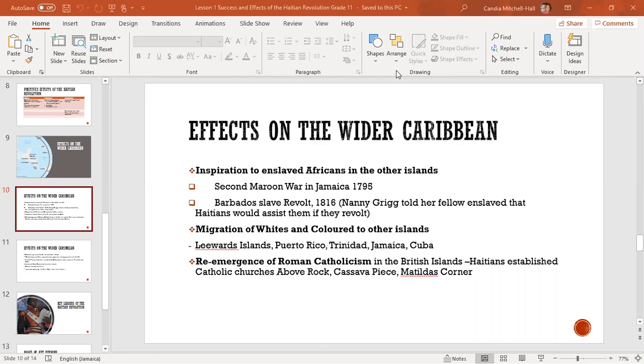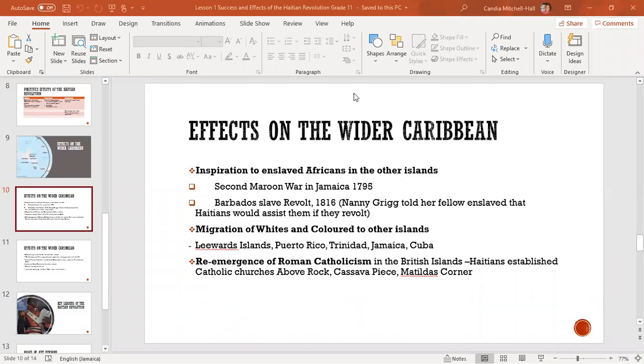All right, but you are correct. But which denomination was very popular in the British Caribbean islands? Which form of Christianity? Is it Anglican, sir? The Anglican. So the main religion in the British Caribbean would have been the Anglican religion.